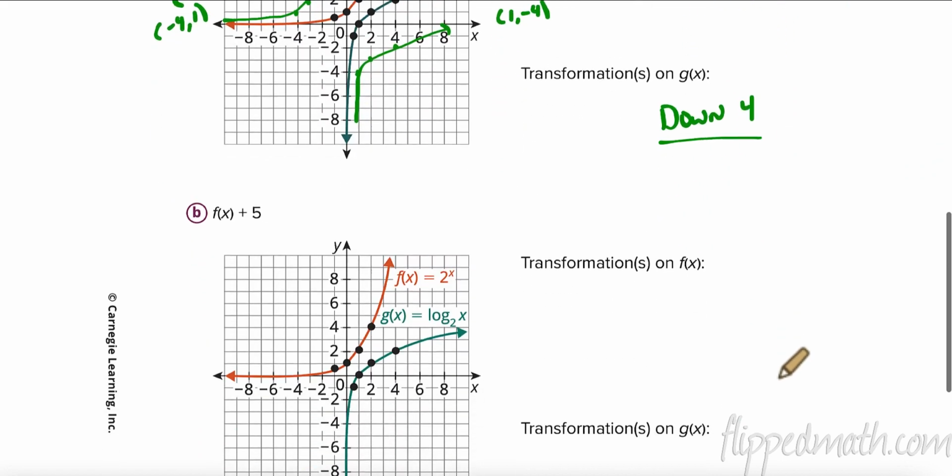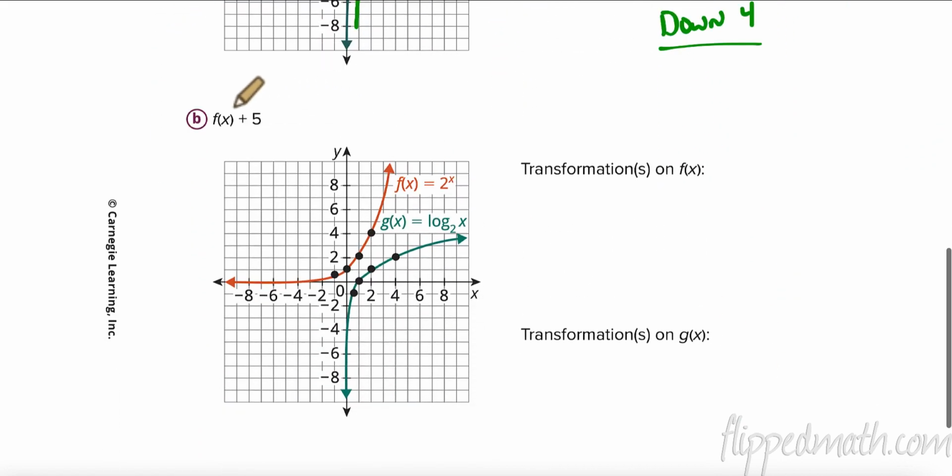All right, let's take a look at another one. In this case, I'm going to take my function and move it up 5 points. So this is 1, 2, 3, 4, 5. So now that is 0, 6, so we'll have one at 6, 0. And then this is up 1, 2, 3, 4, 5.